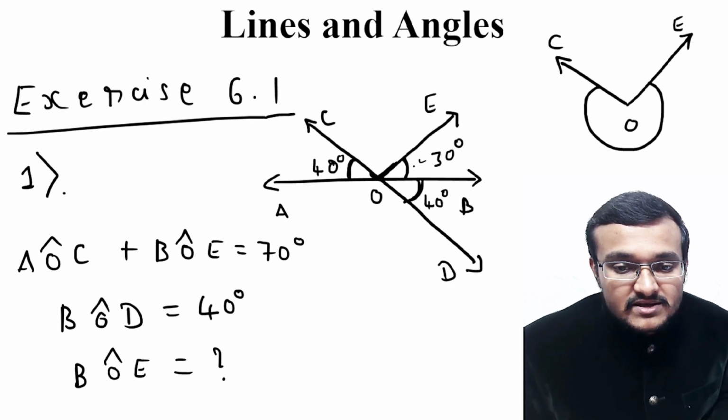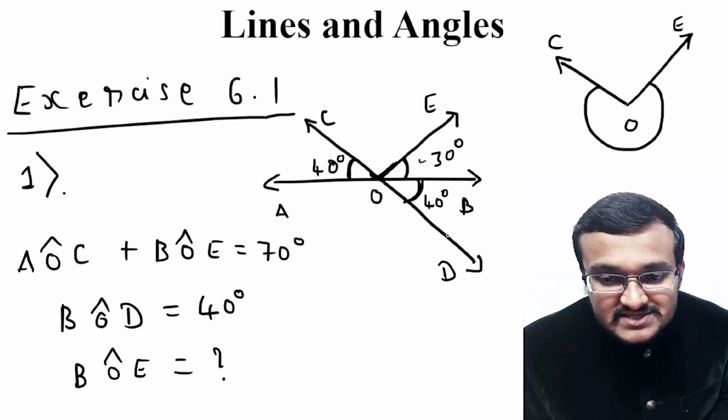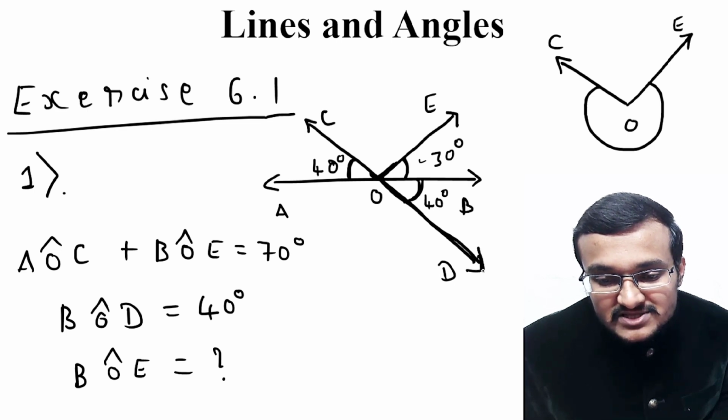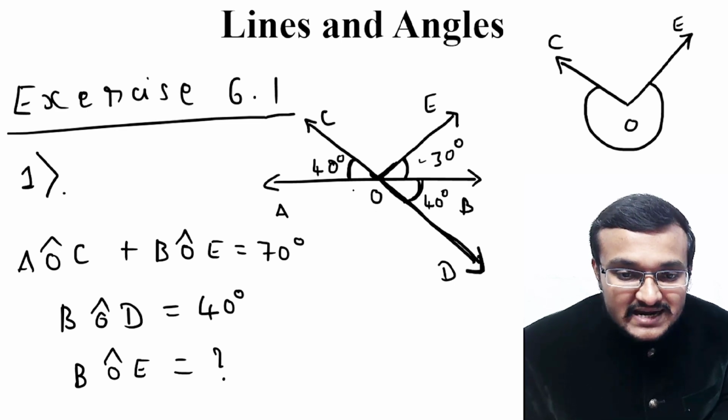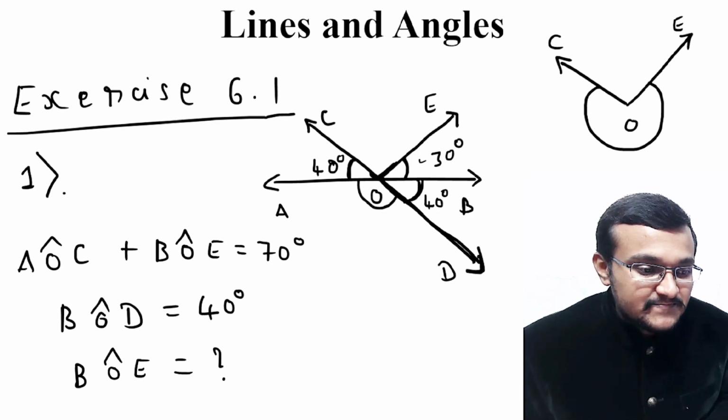Now here you can clearly see AB is a straight line and OD is sitting on this AB straight line. So if you consider AOD and BOD, that will be equal to 180 degree.